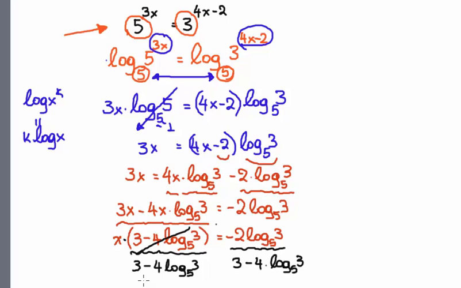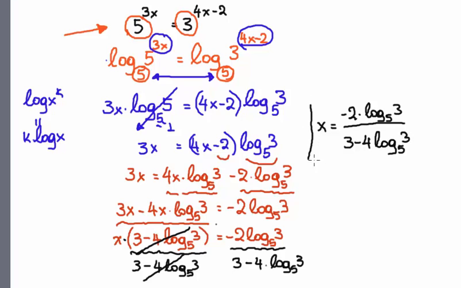I will simplify these two quantities that are at the numerator and the denominator, and my final answer is that x is equal to -2 times log with base 5 of 3 divided by 3 minus 4 log with base 5 of 3. This is my final answer. Note that on the right side I only have numbers, which I can calculate and find an approximation for the x.